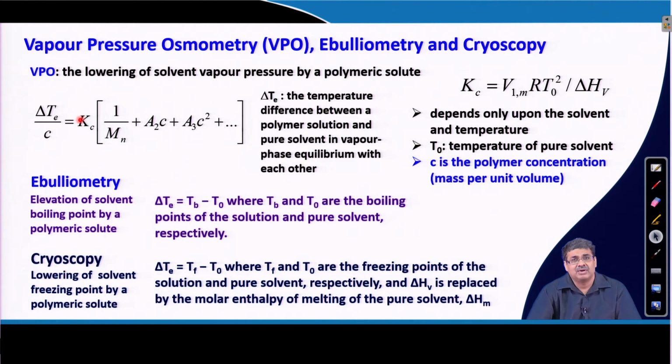Theoretically it should be an absolute measurement technique, but in a practical sense, to actually carry out these experiments we need the value of this Kc and the other corresponding K terms for these techniques, which can only be obtained using a known molecular weight polymer. Hence, this is a relative technique. So, we can say that ideally, theoretically, or in principle it should have been an absolute technique, but in practice these are relative techniques.